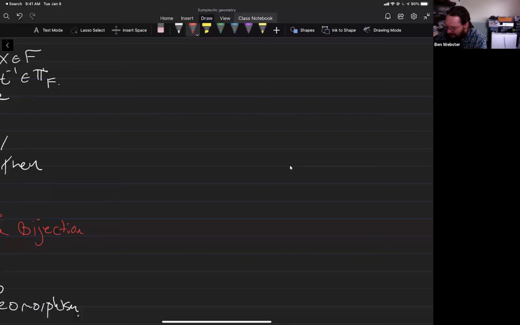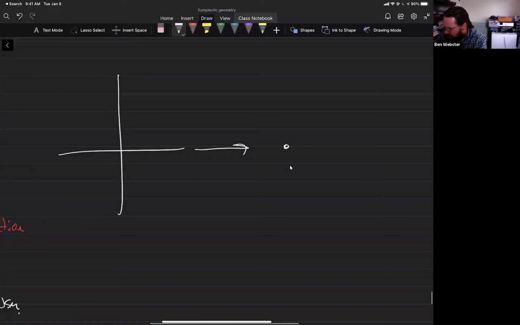So I start with C and I have norm squared, so this maps me down to R plus. For each point here, I have my circle, which is a pre-image.